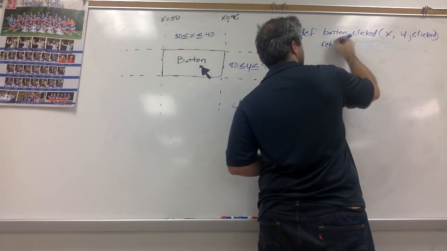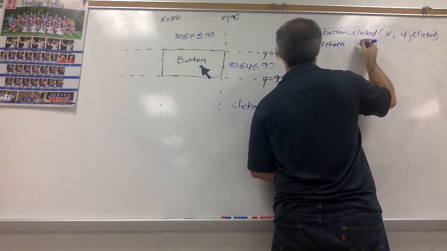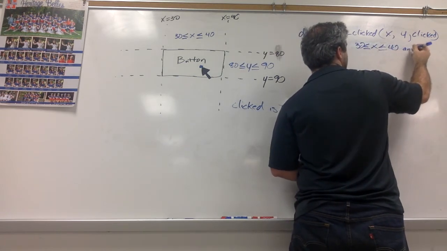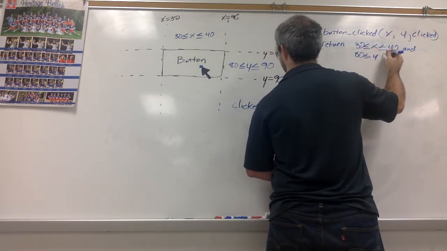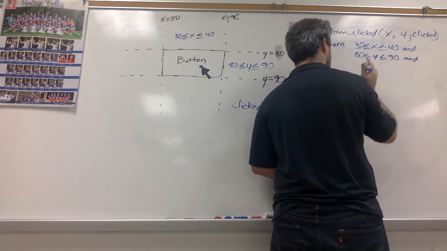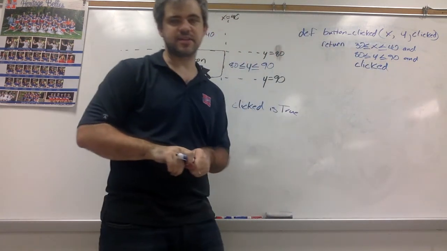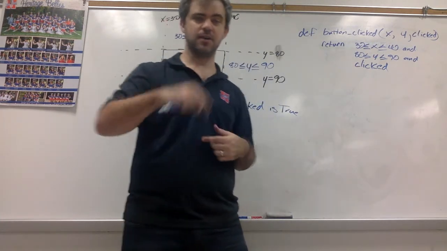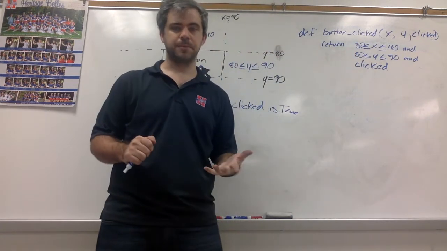So we return x greater than or equal to 30, less than or equal to 40, and 80 less than or equal to y less than or equal to 90, and clicked. Now clicked is going to be a Boolean. If clicked is true, that means they've clicked. If clicked is false, that means they haven't. So all three of these things have to be true.